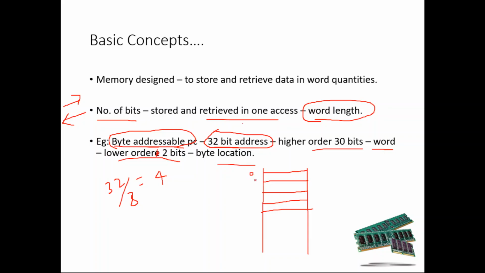Each location is 1 byte. This is 1 byte, this is 1 byte, this is 1 byte, this is 1 byte. And 1 byte is what? 8 bits. Like that we have 4 bytes. 8 fours are 32. So this is one word. This may be the 0th word, word 0.